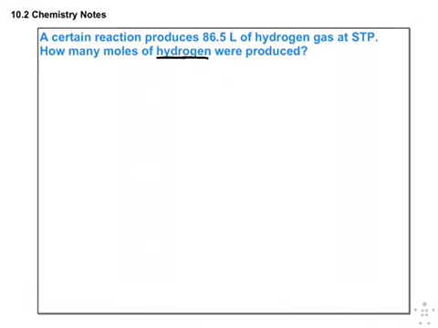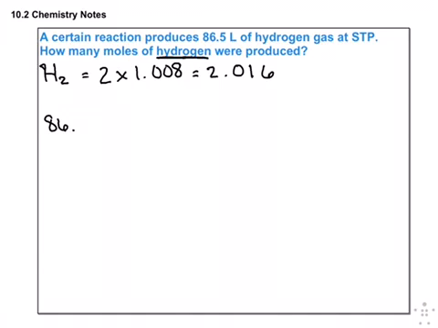What should we remember about hydrogen? It's diatomic, so H2. That means we're at 2 times 1.008, which gives us 2.016. Is that what it was? Okay. So then start with what you're given, the 86.5 liters of hydrogen gas.